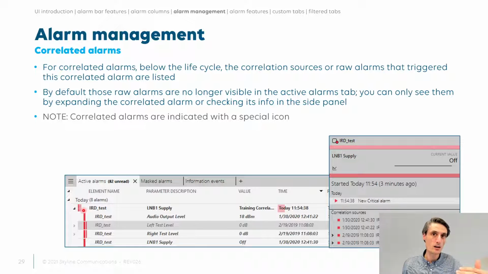And that one alarm, that correlated alarm, has a nice, meaningful description why this situation is occurring in my system. So a correlated alarm is one of the possible actions from a correlation rule.